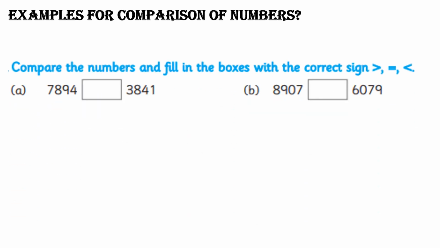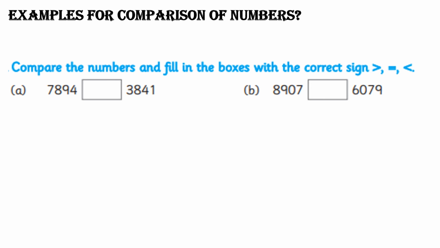Let us take some examples and see how to compare numbers. The first one, compare the numbers and fill in the boxes with the correct sign. So we are supposed to compare two numbers. The first number is 7894 and 3841. Both are 4-digit numbers. So let's start comparing the digits from the left-hand side.